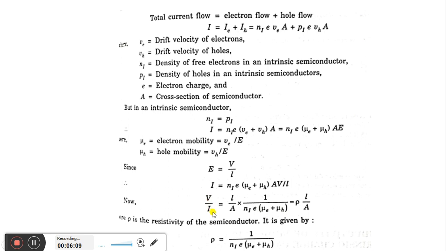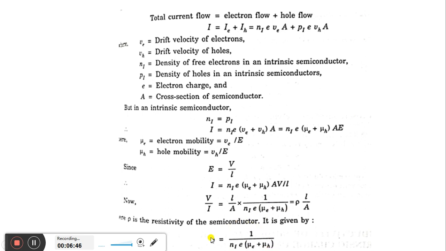So what is this V by I? V by I is nothing but the resistance R. So the resistance formula we can write here as rho L upon A. If you compare this expression with this expression, it means rho is the resistivity of the semiconductor, and it is written as rho equals 1 upon Ni e (mu E plus mu H).